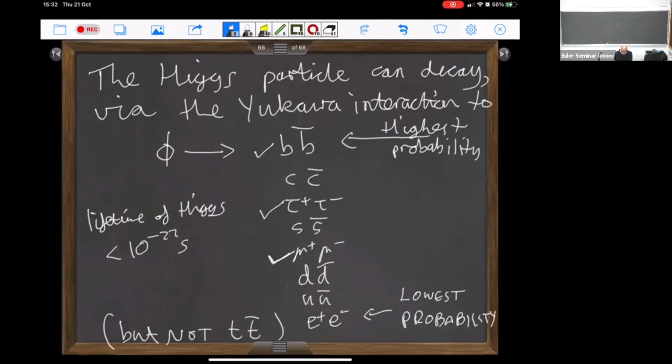So the beautiful thing is that this model is describing the world of elementary particle physics, as far as we can tell, in a very accurate way.